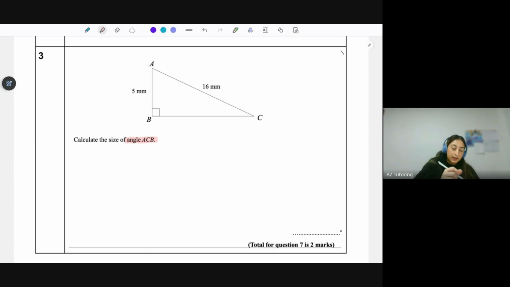A fact is when the notation of an angle is given as three letters, the angle is always in the middle. So we have to find angle C. We're given two sides and we need to find an angle. Because it's involving an angle in a right angle triangle, it's going to be SOHCAHTOA.